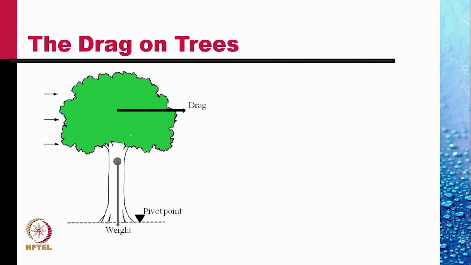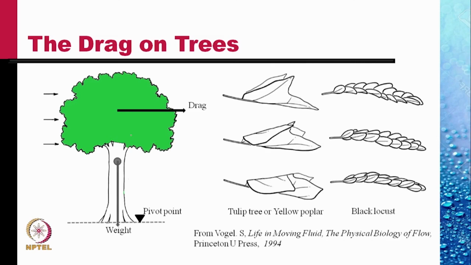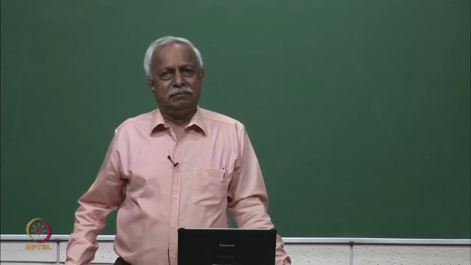Scientists have studied this, and they say the shape of the leaves changes. For a tulip or a yellow poplar tree, you see that as you go from top to bottom, the leaf folds over and offers lesser area to the flow. And if it offers lesser area, that means it reduces the drag.